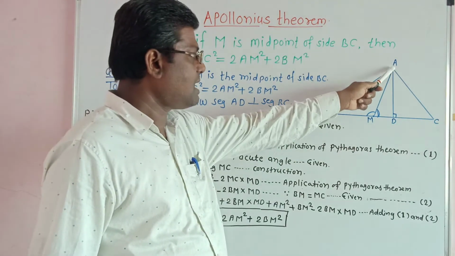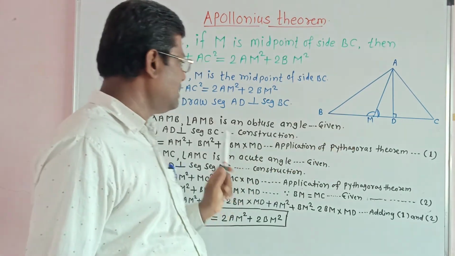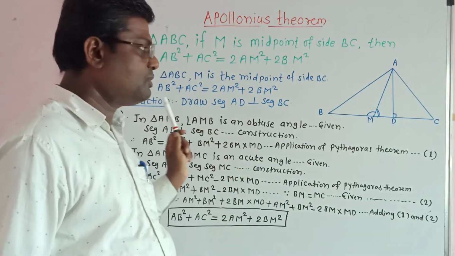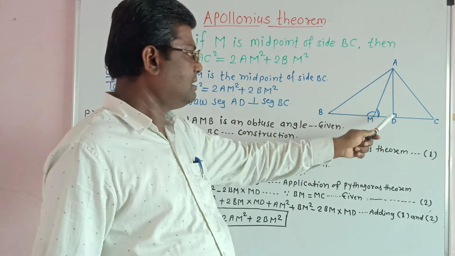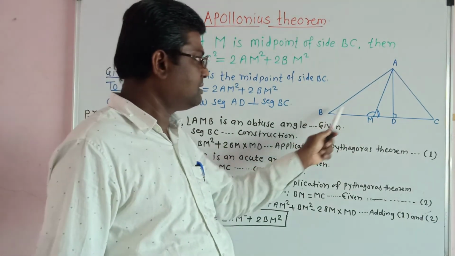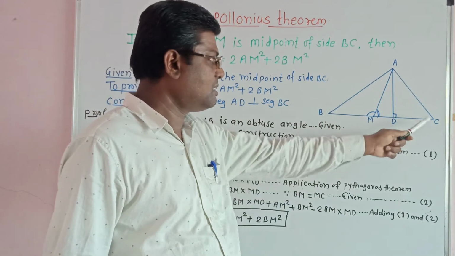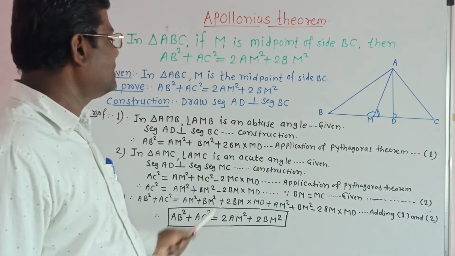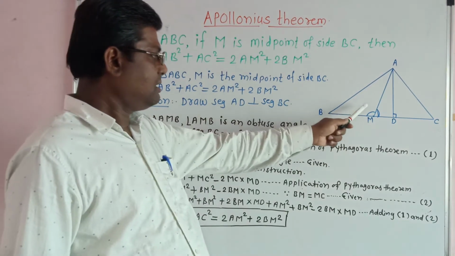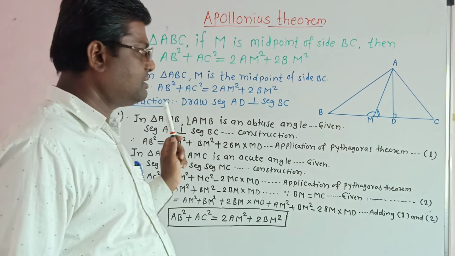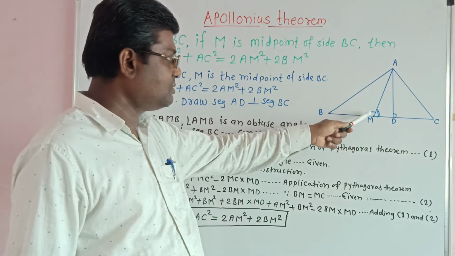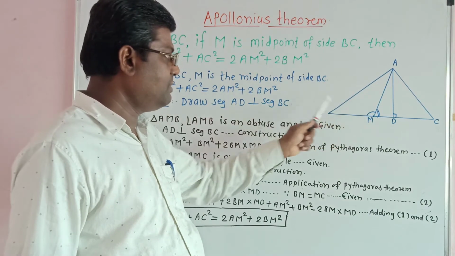Now consider triangle AMB. In this triangle, angle AMB is an obtuse angle and segment AD is perpendicular to segment BC. This is the construction. Now apply Pythagoras theorem for this triangle. The side opposite to this angle is AB.